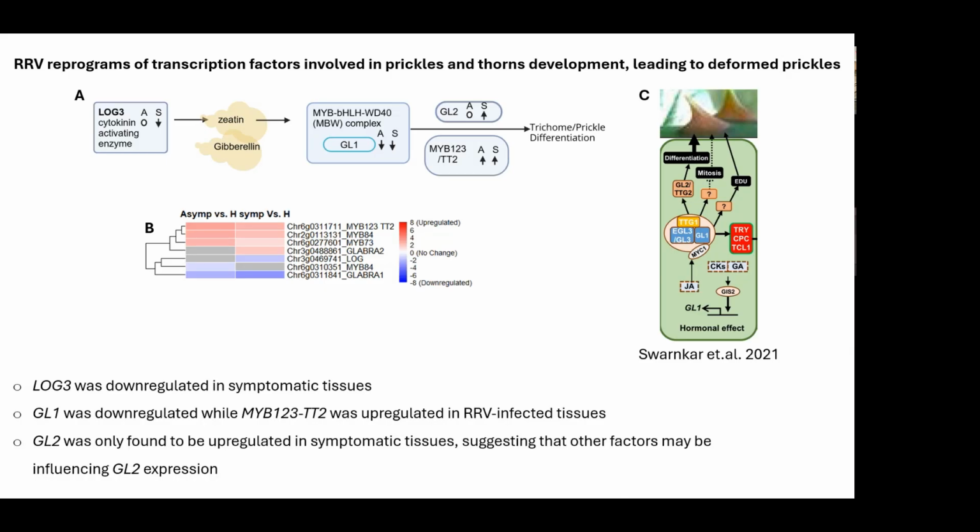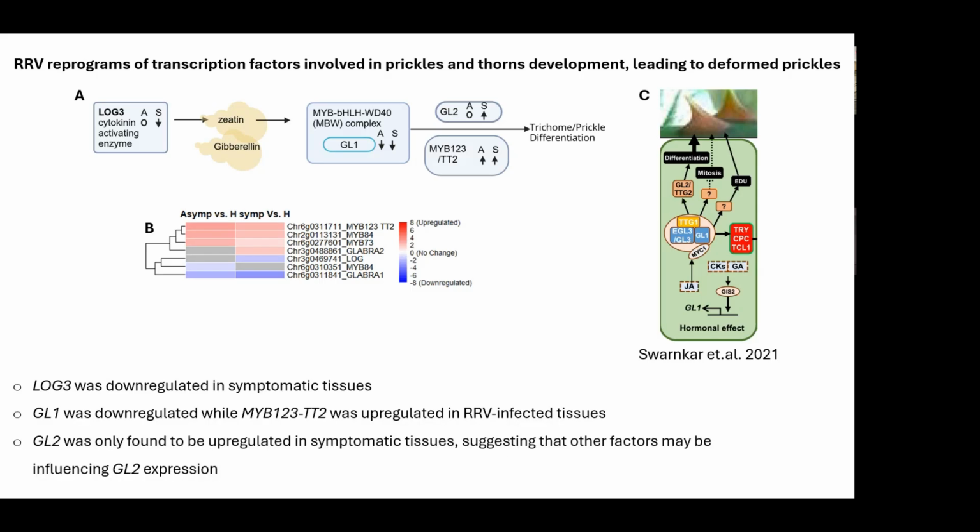We didn't know which pathway is used, because the only pathway known to activate GRBRA2 is this pathway, but it was upregulated in the symptomatic shoot even though GRBRA1 is downregulated. And when we looked at the transcription factor TT2, it was upregulated in both conditions, asymptomatic and symptomatic. But GRBRA1, which is the precursor that activates it, was downregulated.